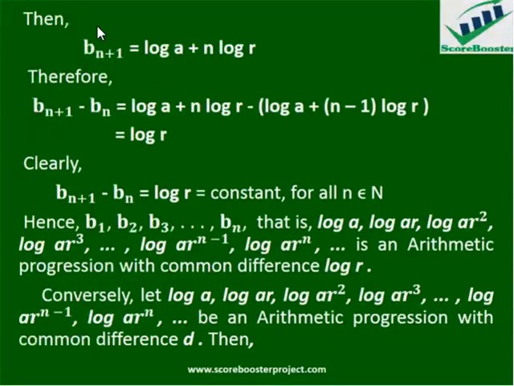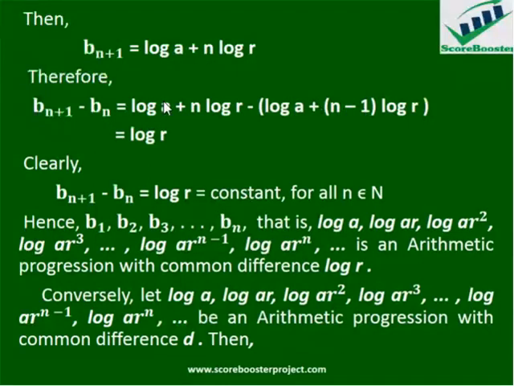And to check if a particular sequence is an arithmetic progression, you must check if it has a unique common difference. That is, this is the n plus 1 term of an arithmetic progression, and the nth term is b n. So if you subtract b n from b n plus 1, that is, you subtract the nth term from the n plus 1 term, you get a unique common difference. That is b n plus 1 minus b n is equal to log a plus n log r minus (log a plus n minus 1 log r).